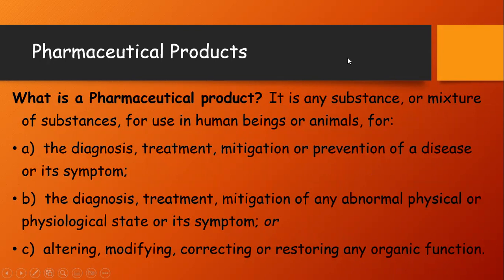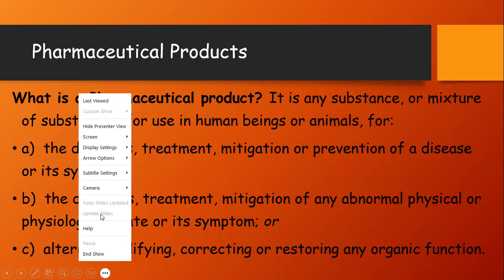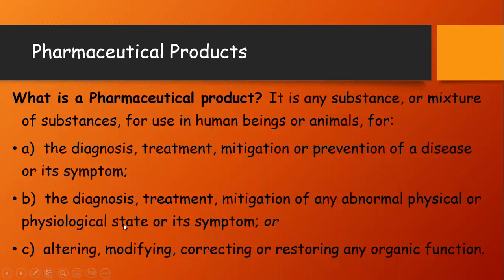What is a pharmaceutical product? A pharmaceutical product is any substance or mixture that is meant for humans. It could be for animals, but they are usually for the use of humans.